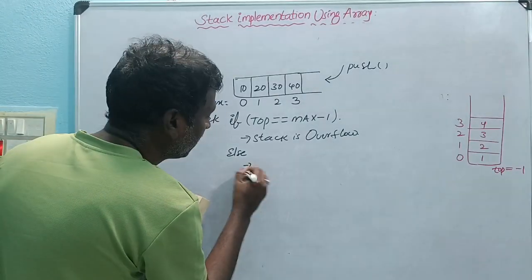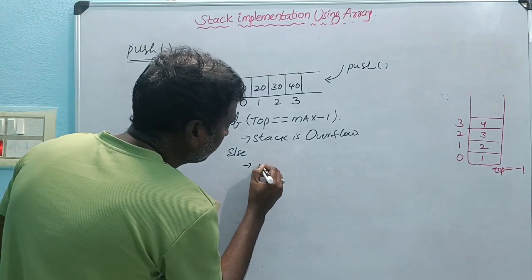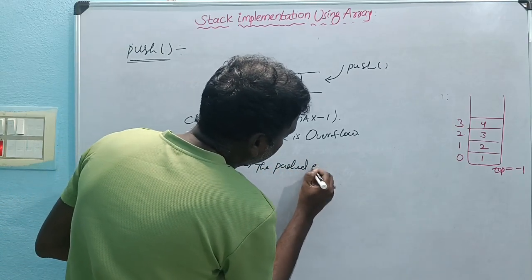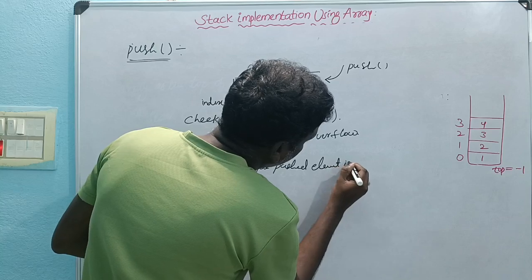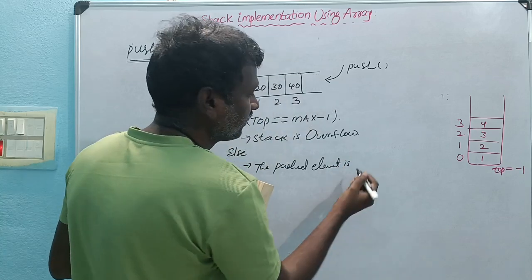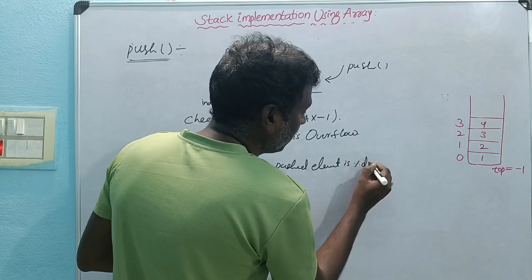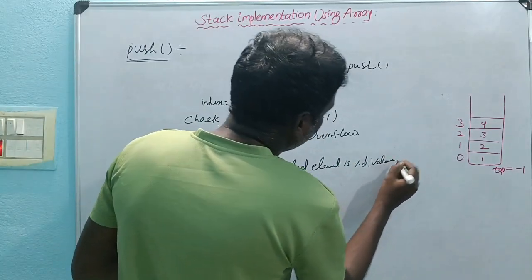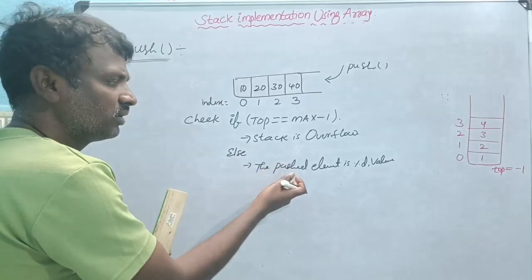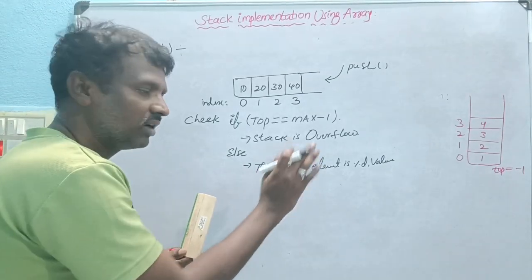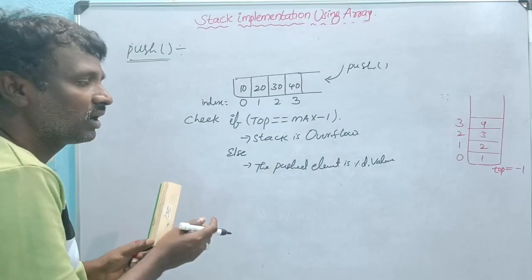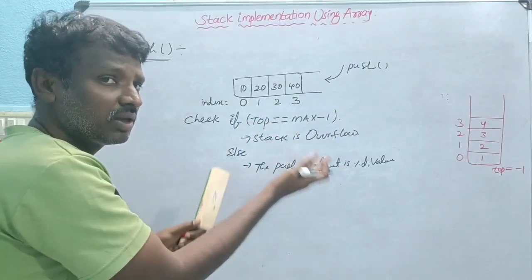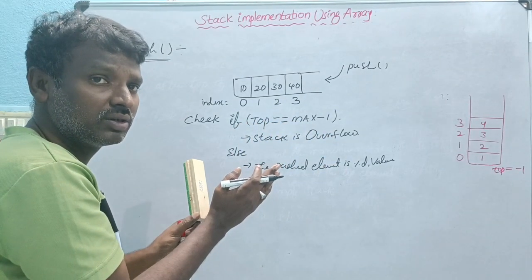So that's why I'm writing here: the pushed element is %d, and that is the value. If top equal to max minus 1, stack is overflow, and at that time the operation is not completed.